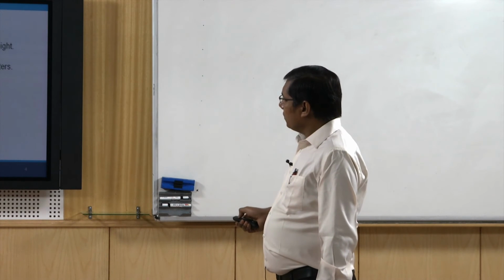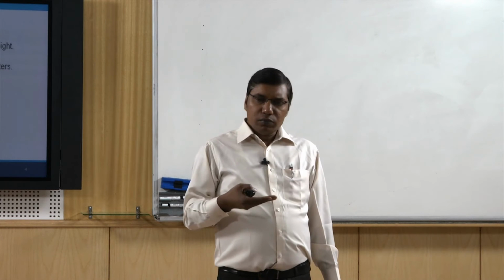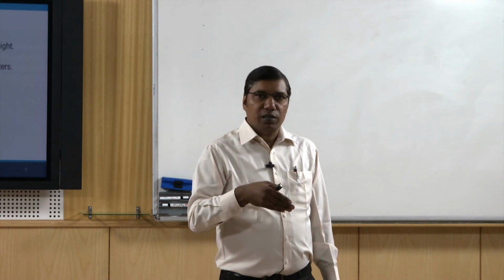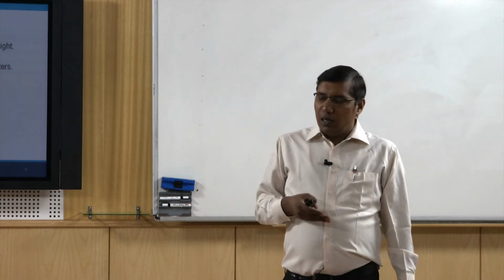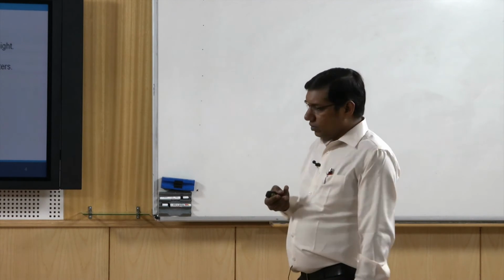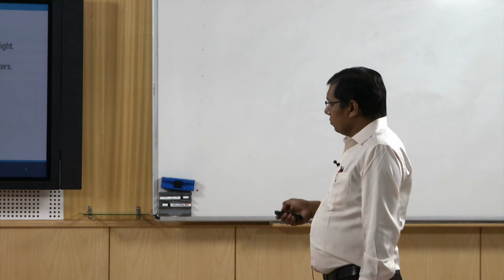Find the critical speed when the trailer is traveling over a road with the profile approximated by a sine wave of amplitude 0.08 meter and wavelength of 14 meter. So this trailer is moving on a certain road with a sine curve profile, the amplitude of that road profile is given as 0.08 meter, and the wavelength is given.